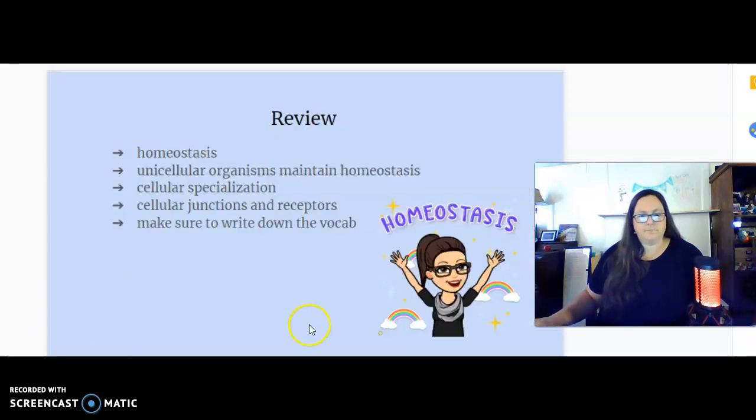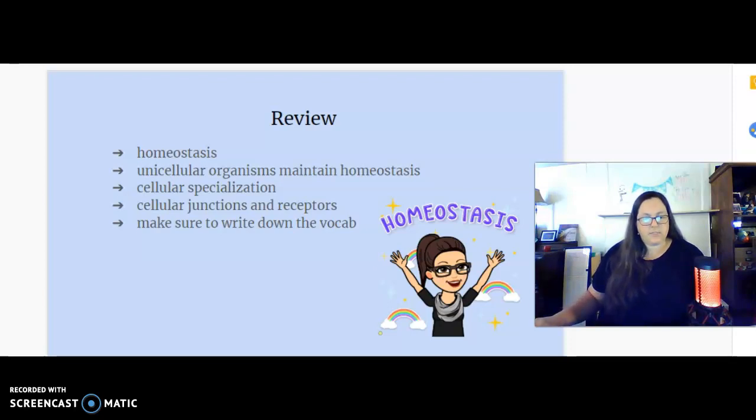All right, let's review. Homeostasis maintains relatively constant internal and chemical conditions. Organisms need to be able to respond to their environment, transform energy, and reproduce to maintain homeostasis.